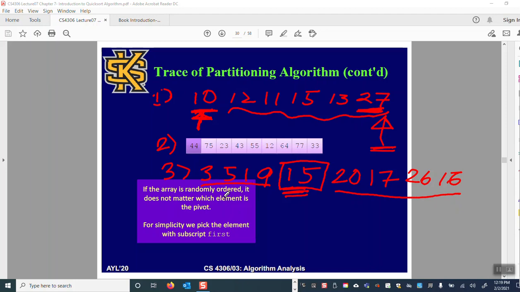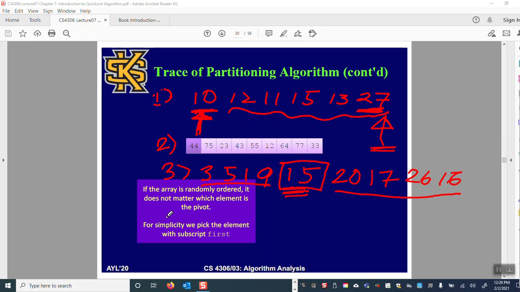If we apply some process to rearrange this left subarray and right subarray, then we're done. So there are at least these three good conditions where we will have at least one element in position.